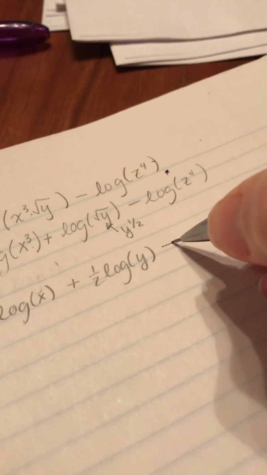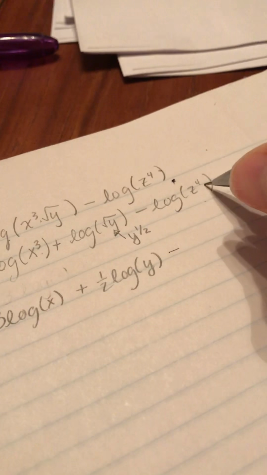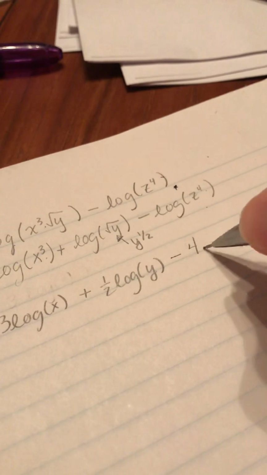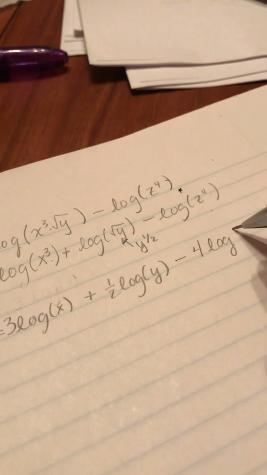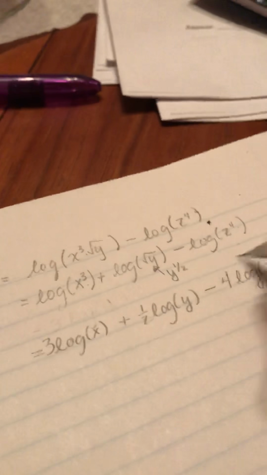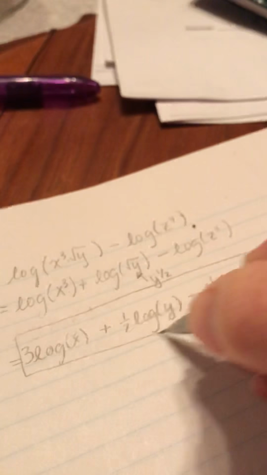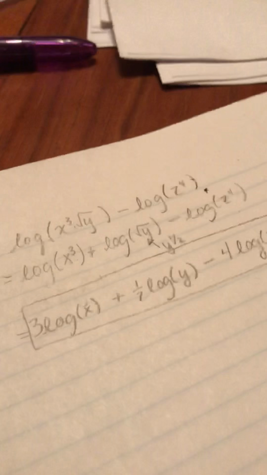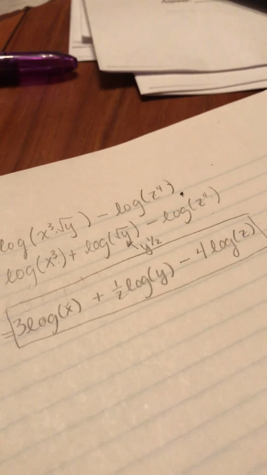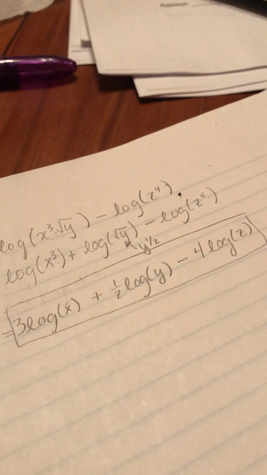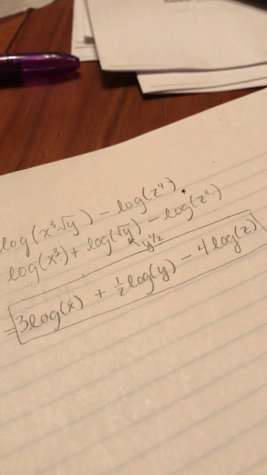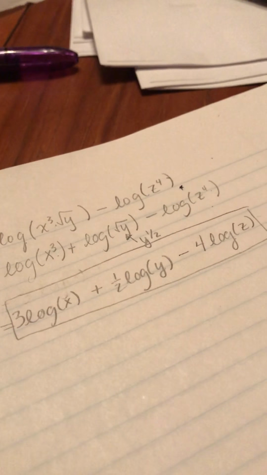And then finally minus that power on the z, that 4 can come out in front as a coefficient of that logarithm. And this then is your final answer for breaking that all the way down into logs of just a single variable. Sum or difference of logs.